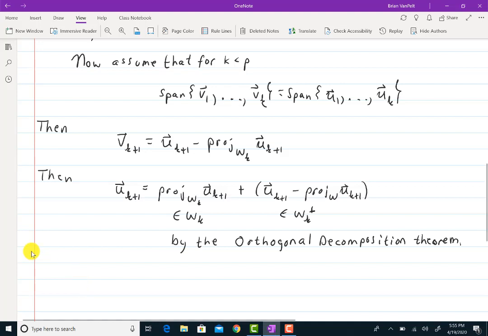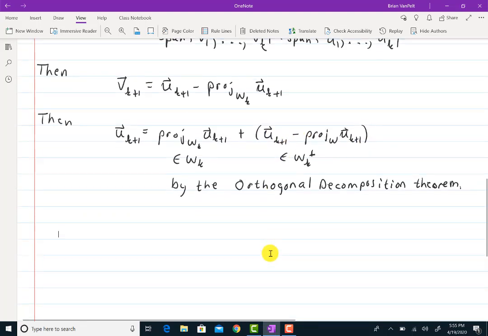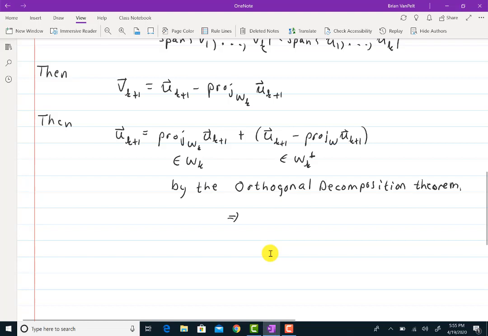We know that we can write it uniquely in that fashion, so that forces this part here. Remember, uniquely means that this part here was unique. That means this part right here was unique also. So we know that this part right here, or vk, is in w perp. So that is v sub k plus 1 is in w sub k perp.